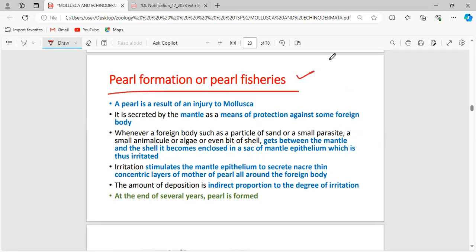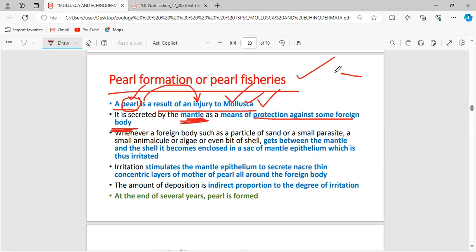Pearl formation, or the pearl fisheries, we can say like that. A pearl is a result of an injury to mollusca, but we consider this pearl as a gem and a very good cosmetic product. Exactly to this molluscan animal, it is a result of injury. It is secreted by the mantle as a means of protection against some foreign body.